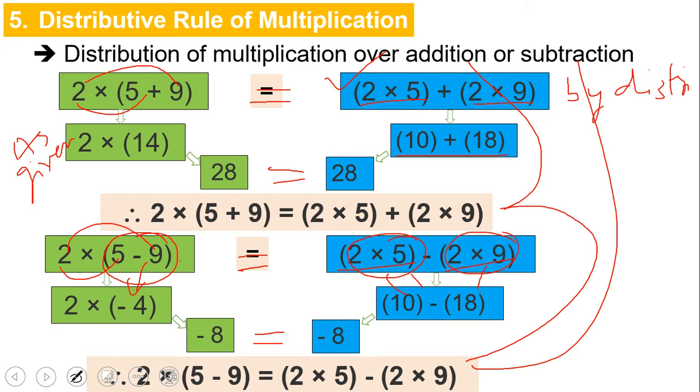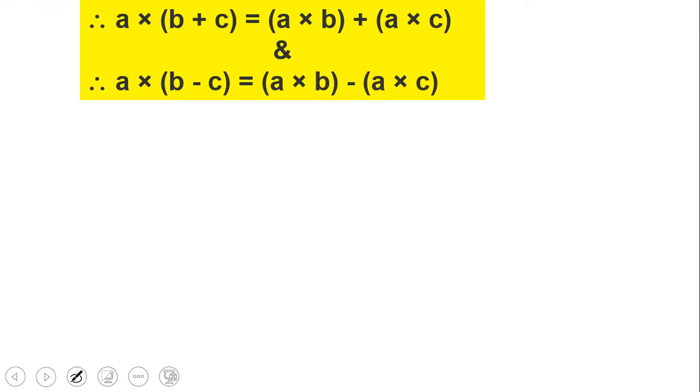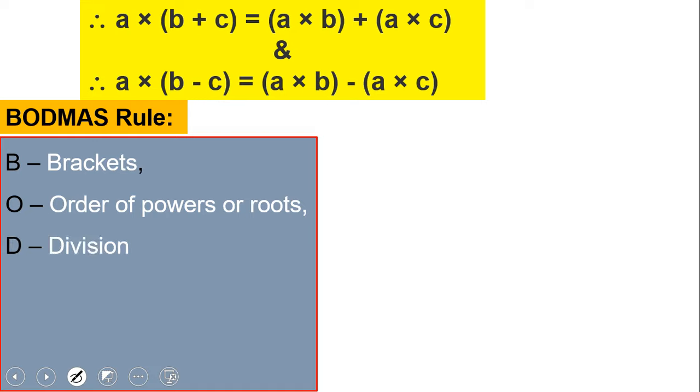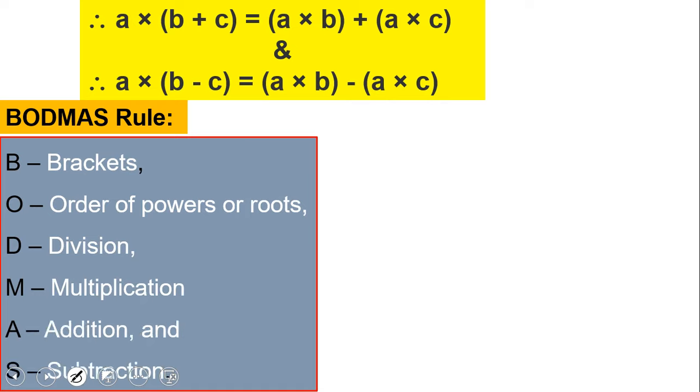Therefore the BODMAS rule is essential in the calculation of algebra. B stands for bracket, O stands for order of powers or roots, D stands for division, M stands for multiplication, A stands for addition, and S for subtraction. Is that clear?